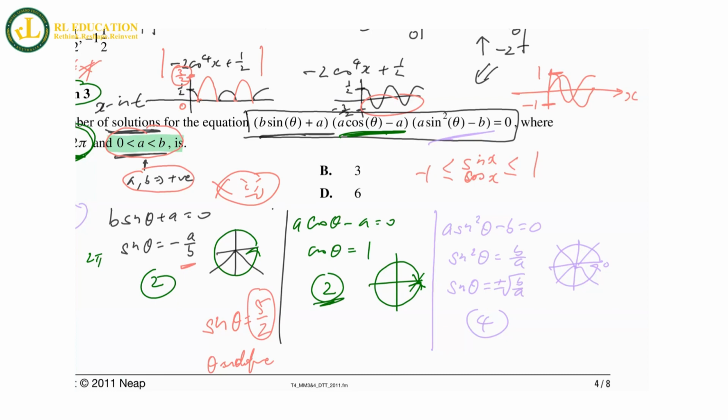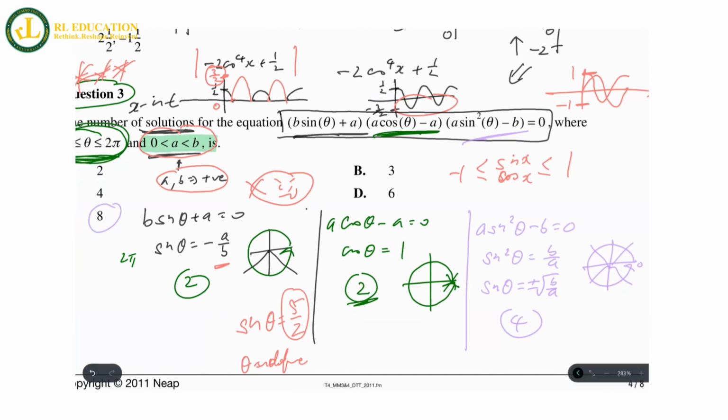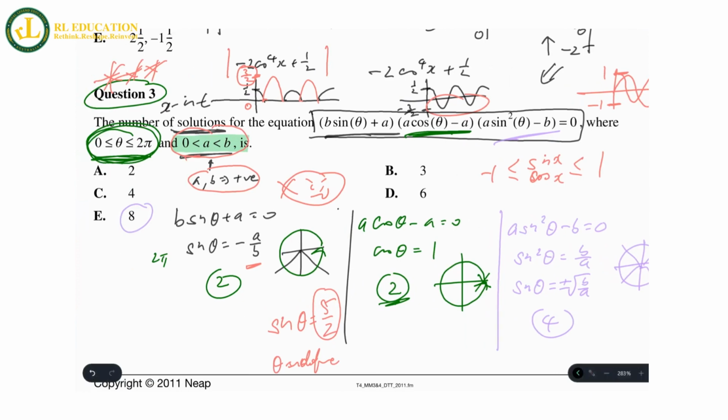So that's why this information matters: they're saying not just that a and b are bigger than 0, but that b is bigger than a. If b is bigger than a, let's say a is 3, b is 5, then this is negative 3 over 5. Doable. You got 2 answers here.